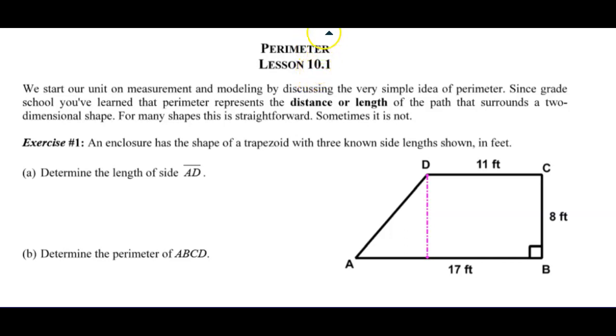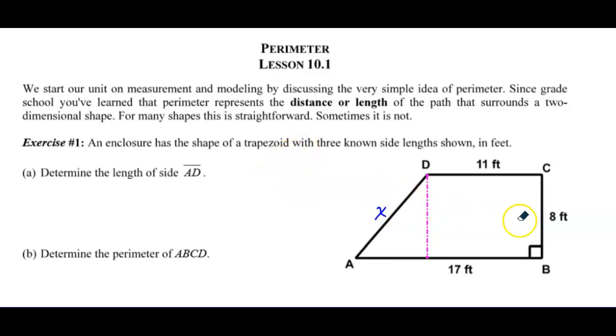All right, so starting off with this first section here, determine the length of side AD. What we want to do to calculate the length of side AD here is to get this right triangle established. So it's often a good idea to drop an altitude down like this one here. And so if I want to solve for AD, I can put an X in that spot.